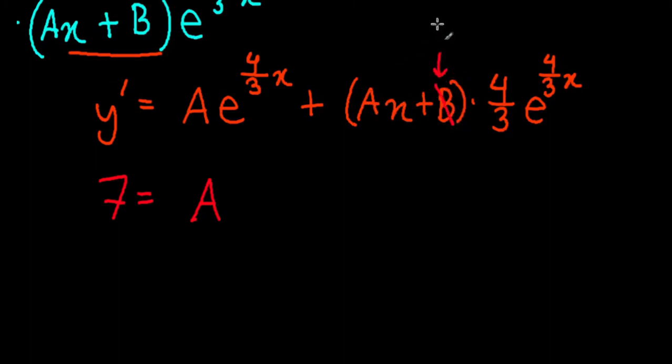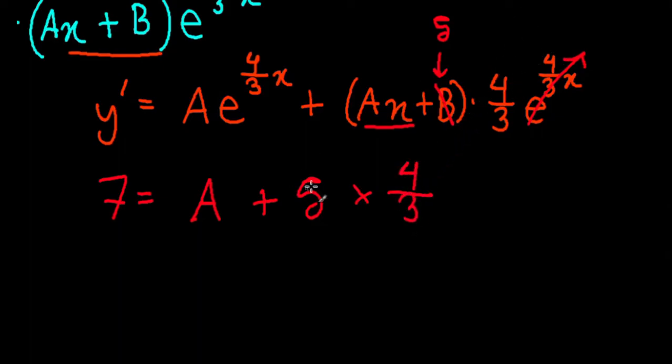We found that b is 5. Okay, so that one's done, and then we have plus, well, this is 0 again, and this is just 5. 5 multiplied by 4 by 3, and this is again just equal to 1 for e to the power 0. So 5 multiplied by 4 by 3 multiplied by 1.